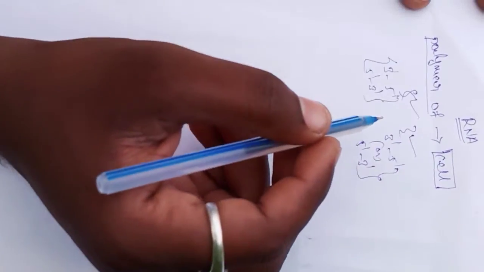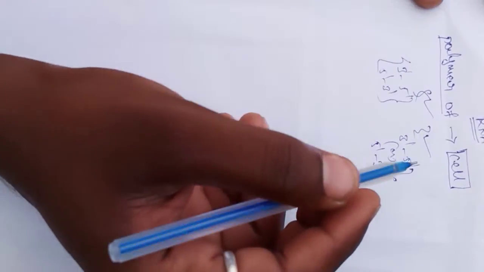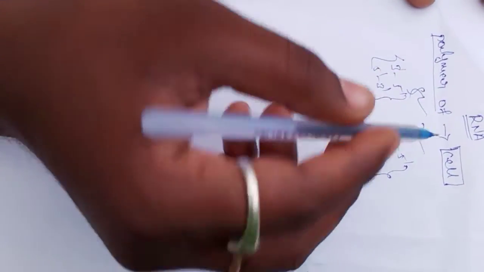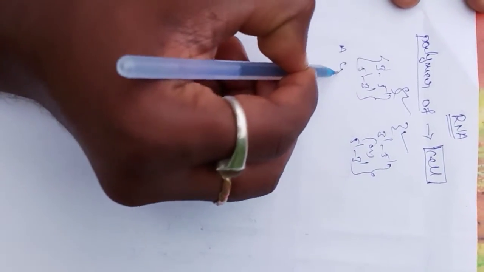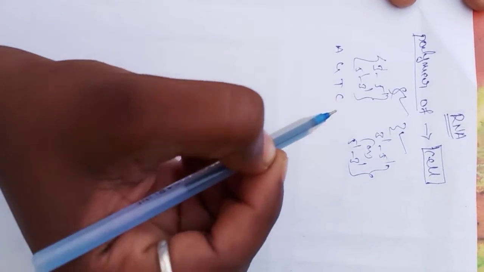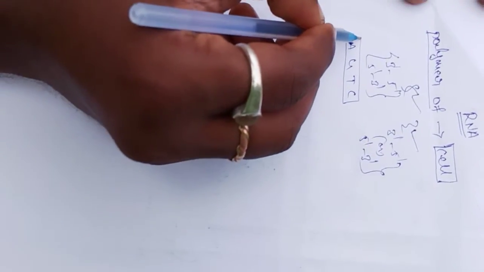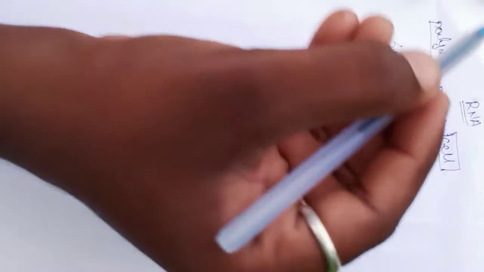And the nitrogen base pairs are also present in the DNA and the RNA. What is the main difference based upon the nitrogen base pairs? Adenine, guanine, thymine, cytosine. These four are present in the DNA.